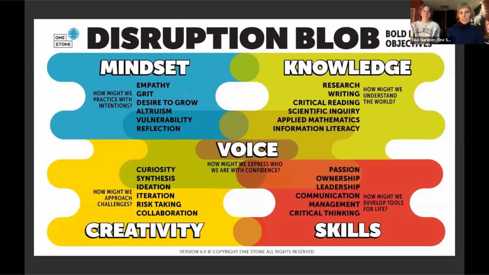Synthesis, ideation, iteration, risk-taking, collaboration, those are all defined under this umbrella of creativity, but certainly art covers all of the blob, and I truly mean that. I think art is one of the most amazing things because it can find itself in all of these different areas. So maybe just for a second, take a minute to look at the blob and think, where would I like to grow today?